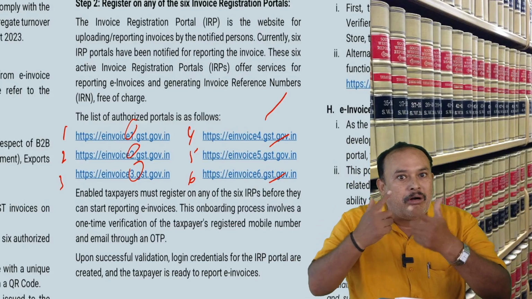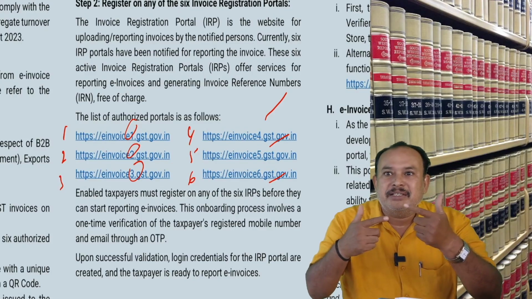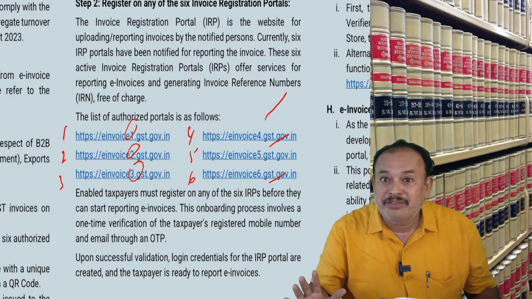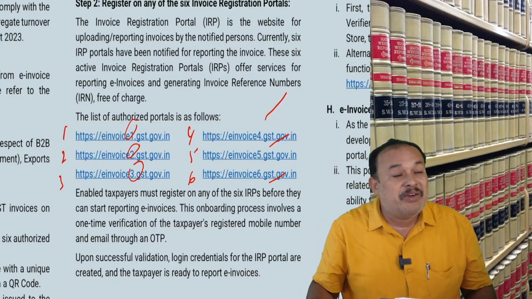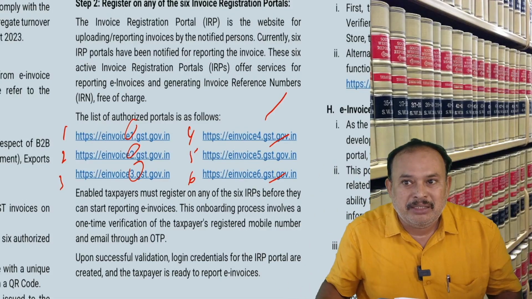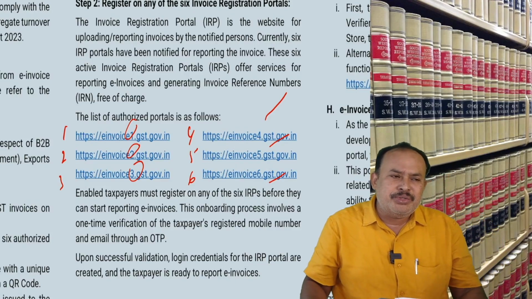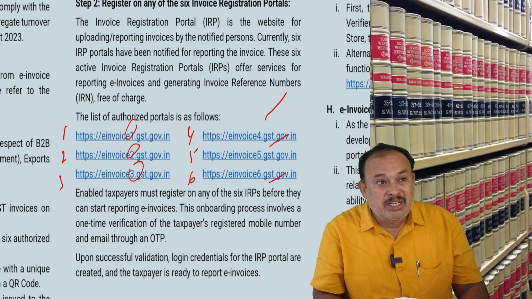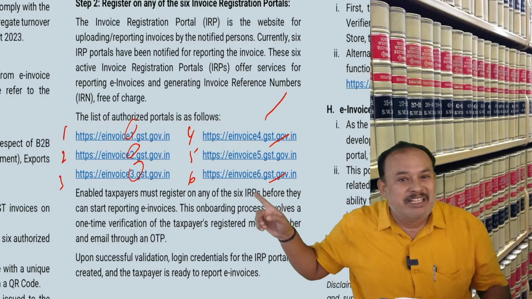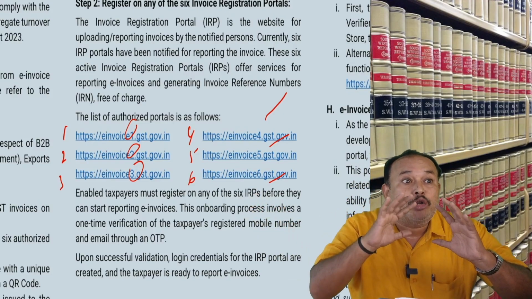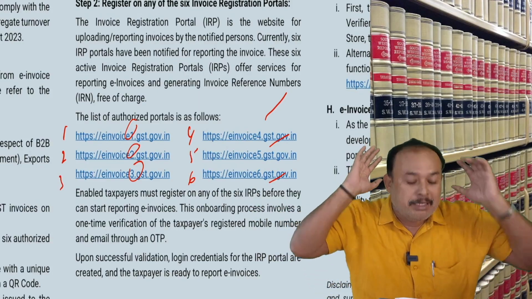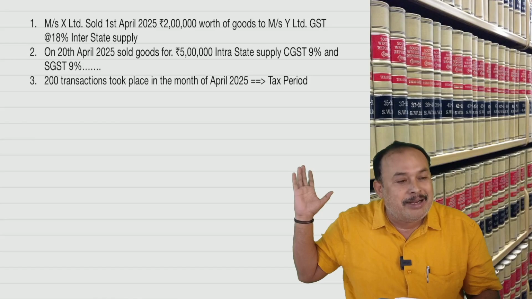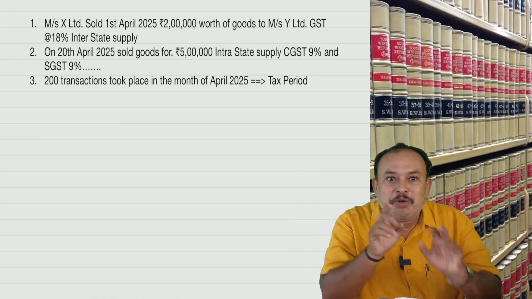The system will process them and give you a QR code and IRN number for each invoice. What is the use? All these invoices you processed on the E-Invoice portal will be auto-populated in the GSTR-1 return, which you are not required to type.